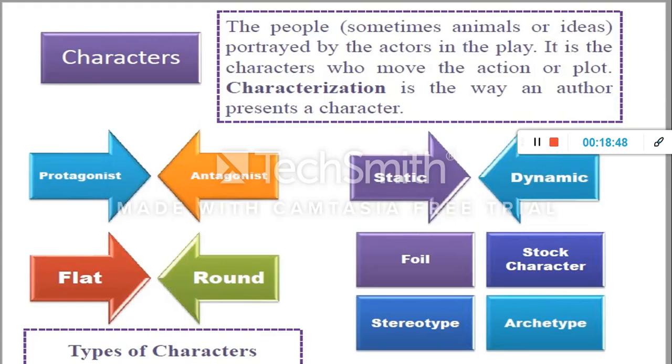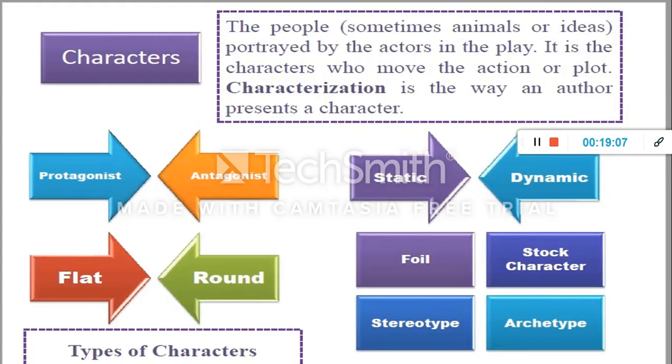It is through the characters that the action or plot moves, and if there are no actors, there will also be no plot or action.